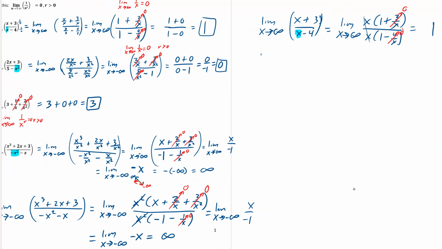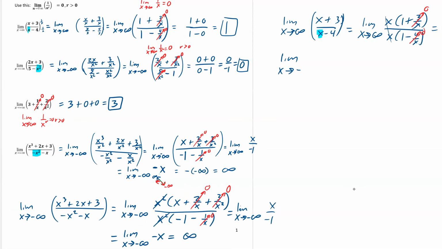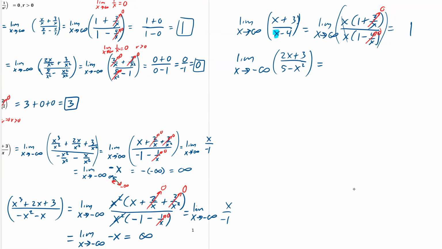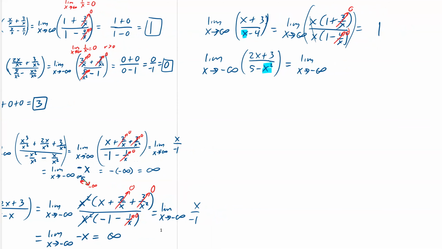And if you do the bottom one, the next one that is, we're going towards negative infinity. Then our 1 is on the bottom here. And so we get the limit as x approaches negative infinity. And again, we always take out the leading term, the biggest one for the denominator, that degree. So we're going to factor out x squared on the top and factor out x squared on the bottom. So this would be 5 over x squared minus x squared over x squared.